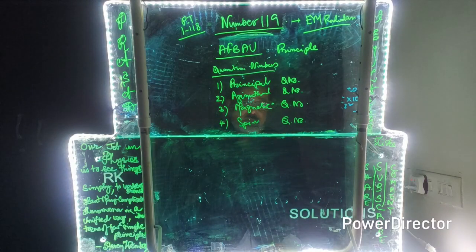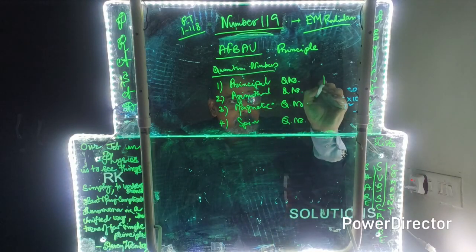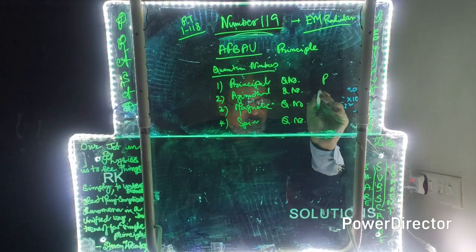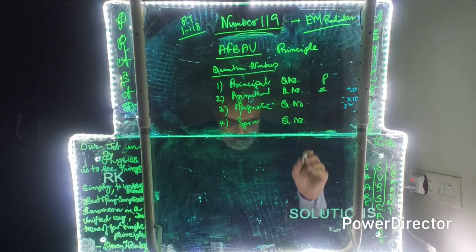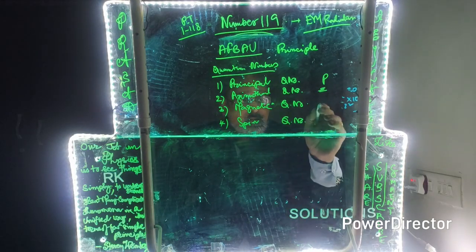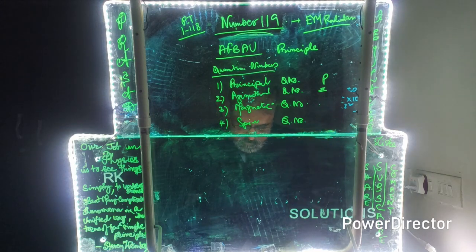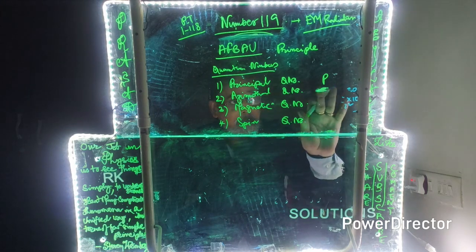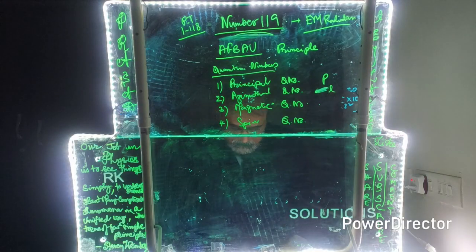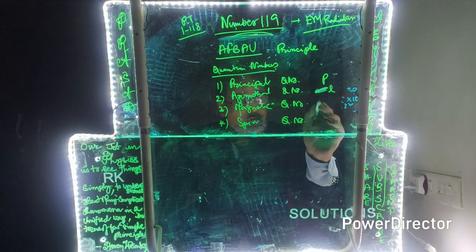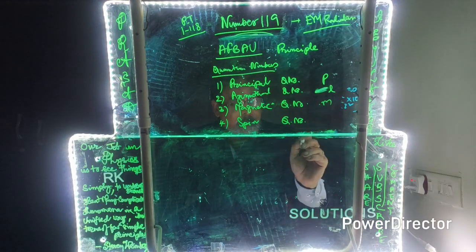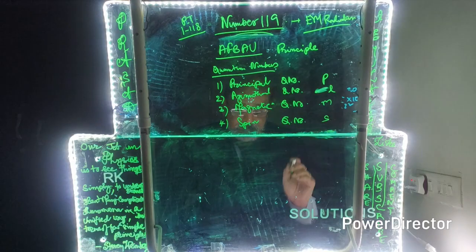Principal is denoted by n, azimuthal is denoted by l, magnetic is m, and spin is s.